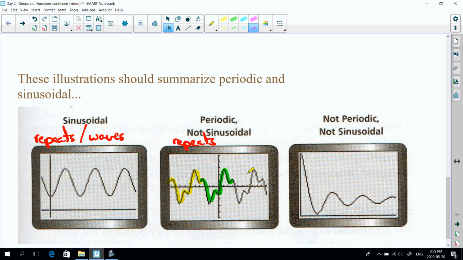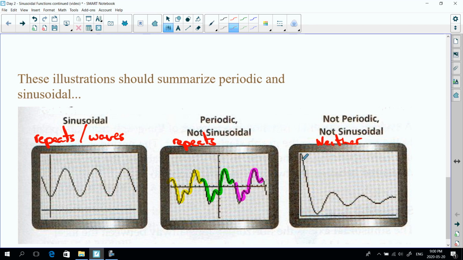And then it does it a 3rd time. So if it just repeats, periodic. If it repeats and looks like waves, a nice smooth wave, we say it's sinusoidal. If it doesn't repeat, that's easy. We say it's neither.